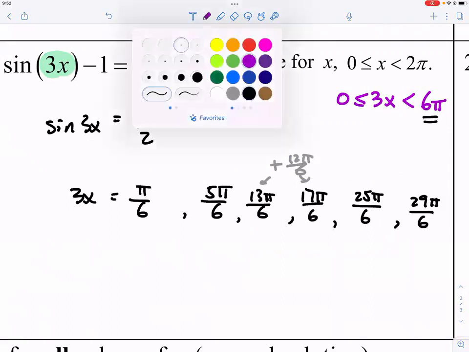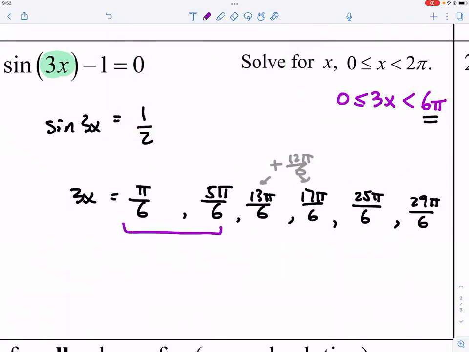Okay, so now let me just recap this. This one is from 0 all the way to 2 pi. And then all the way to here, this is all the way to 4 pi. And this one is all the way to 6 pi. That's what 3x is equal to.